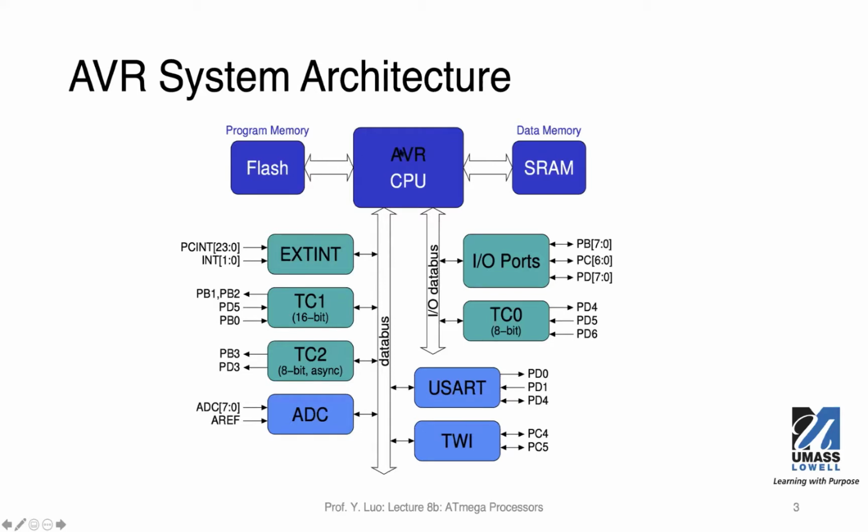Now, this type of design is different from processors like Intel's x86, Xeon, or Core i5, i7, all these processors. These general purpose processors use the so-called von Neumann architecture. In this case, the program and data are in the same memory space.